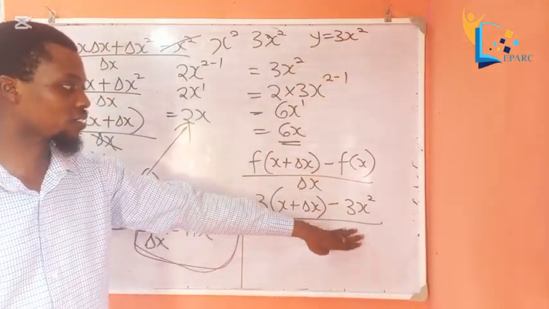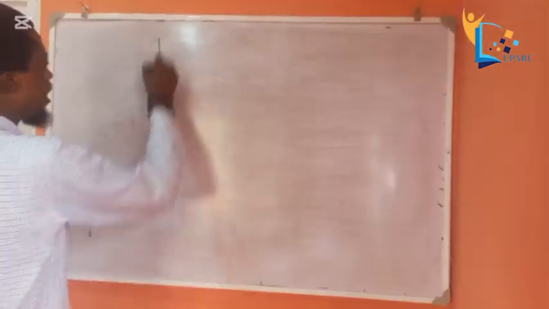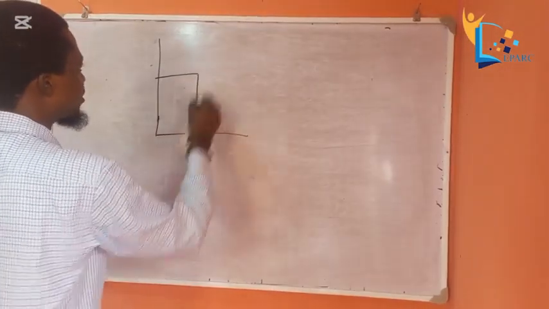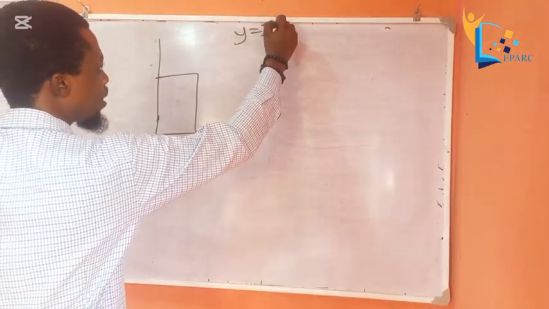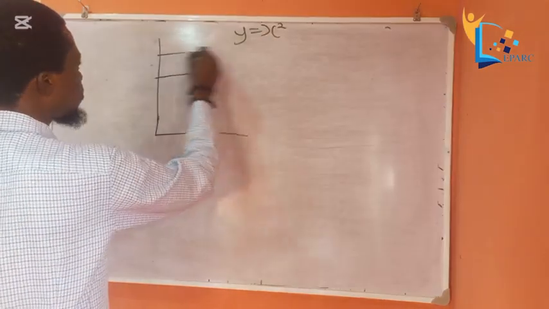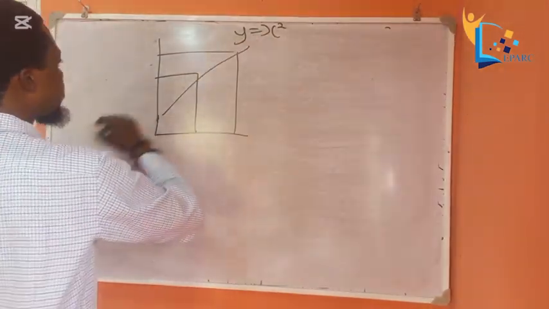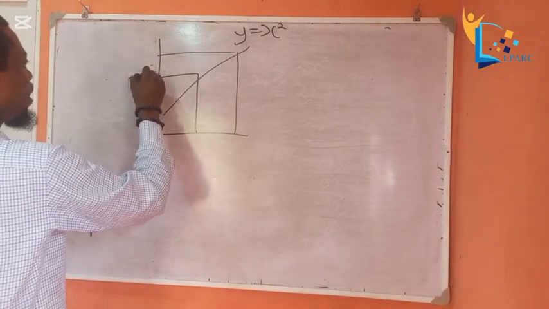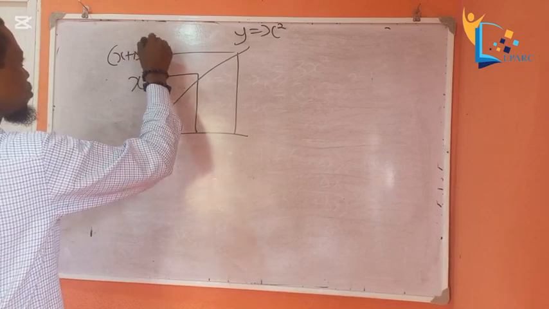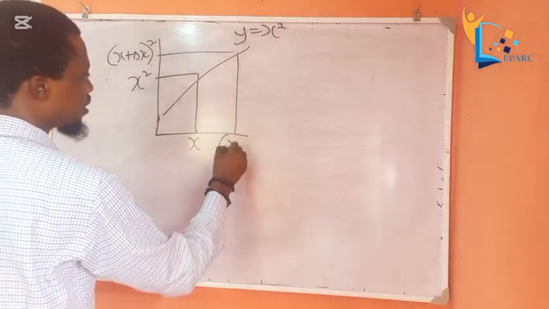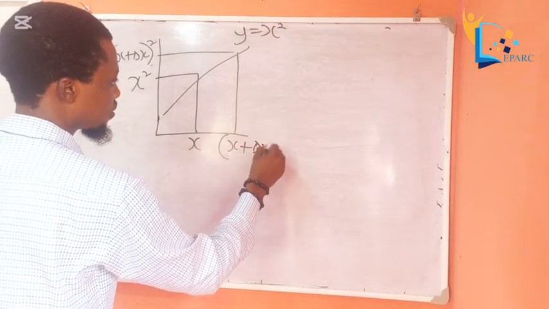You substitute like this. So if we should interpret using our graph for y equal to x raised to power 2, we'll have something like this: x squared, then (x plus delta x) squared. These are x, then x plus delta x.